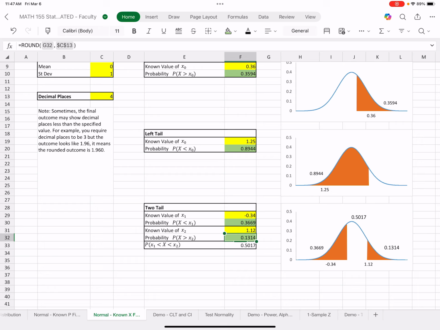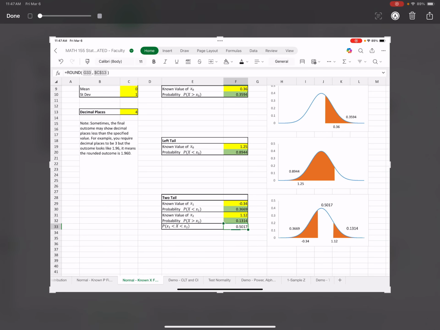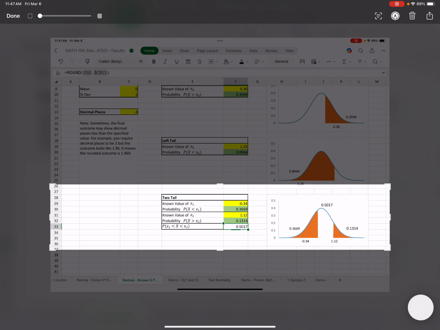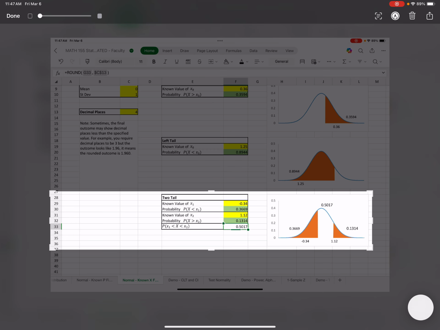So you see how right here it says the probability that x is between x1 and x2? That's our answer. So there it is, right there. Just lower it real quick. Just sort of crop this.